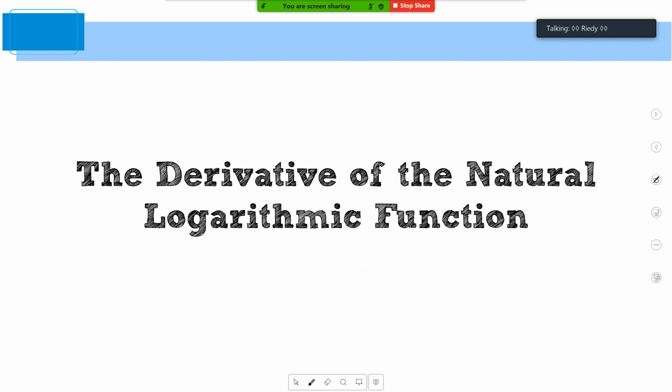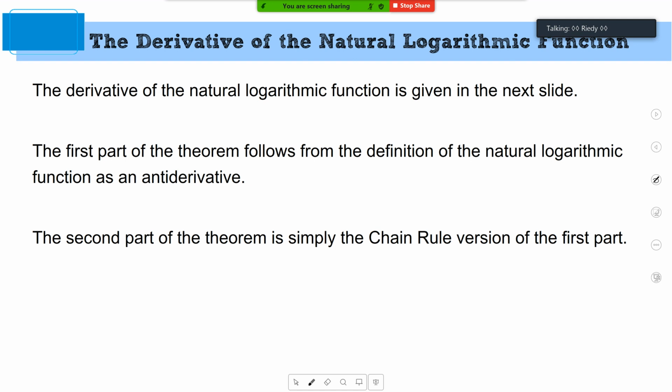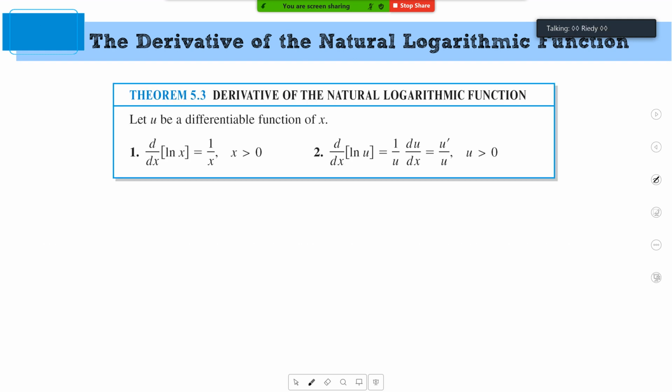Okay, so we did that. So let's take a derivative. As it said in the previous slide, which I went through quickly, there are two versions of this. I'm going to suggest that we just focus on this part of it, and there's a reason why.